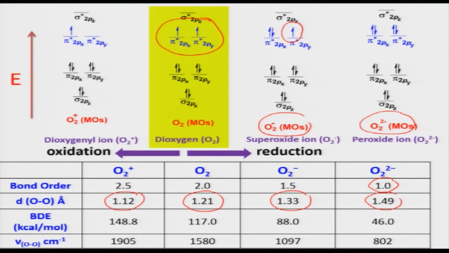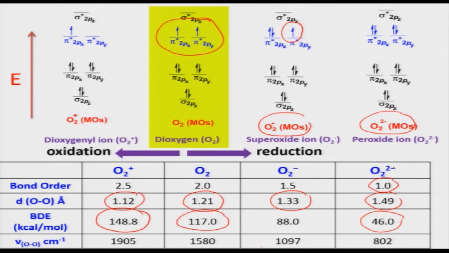Bond dissociation energy, if O2 plus, certainly would be very large, 148.8 kcal per mole, and then O2 117.0, O2 minus 88.0, and O2 2 minus it is remarkably less, just 46.0.